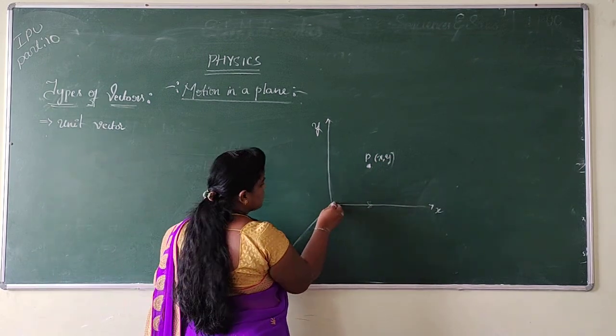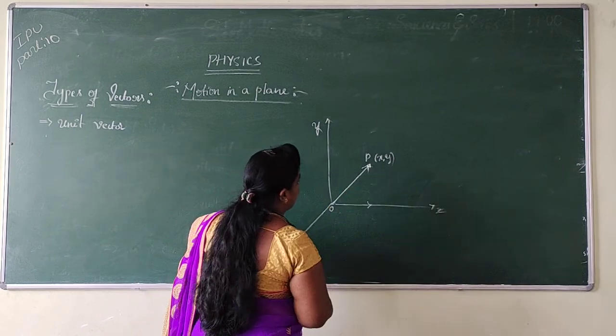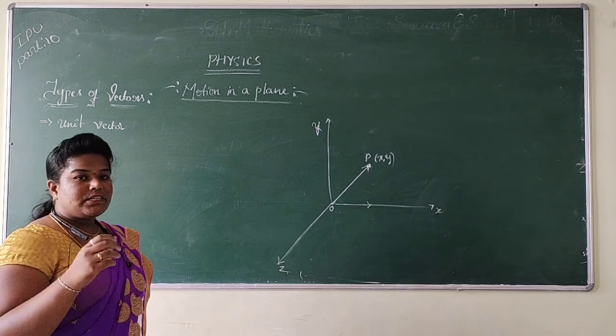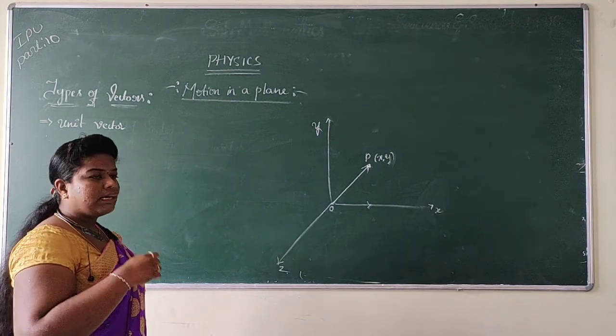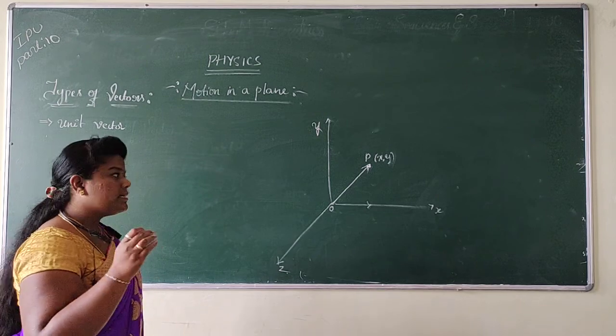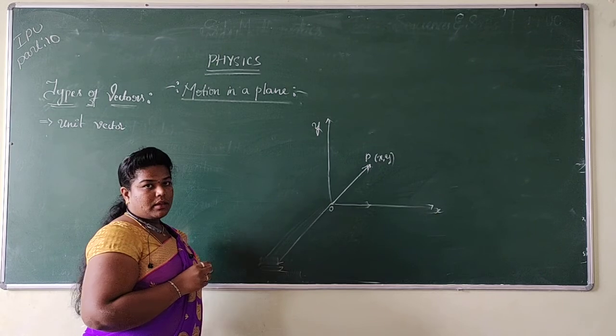Okay, then this is a vector, right? So I just want to represent it here with an arrow mark, so that the tail starts from the origin of the rectangular axis and the head of the vector ends at the point P, that is at the position.